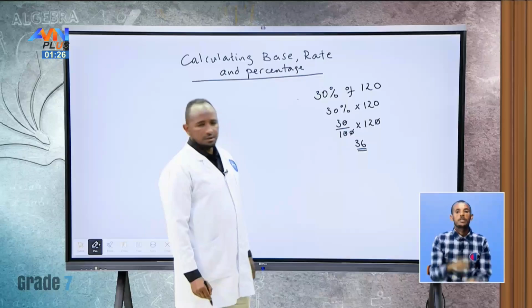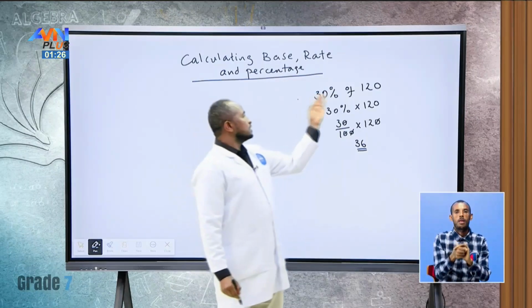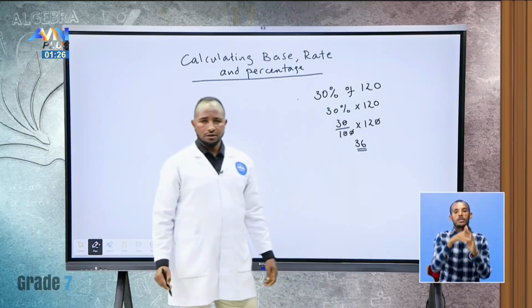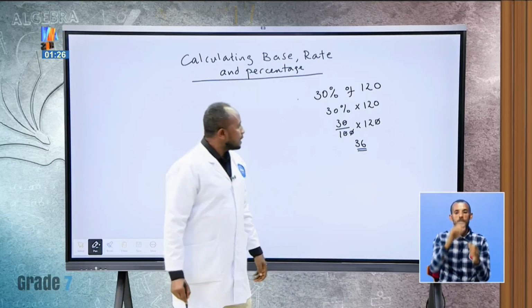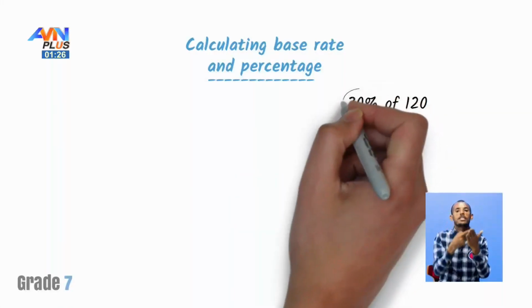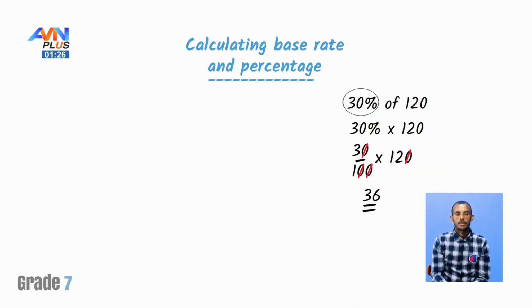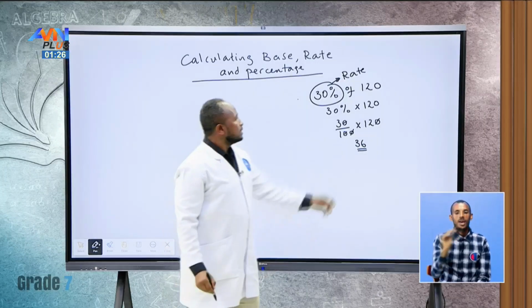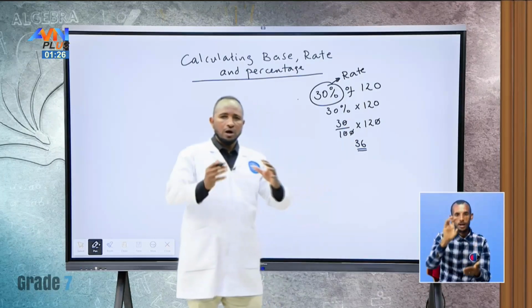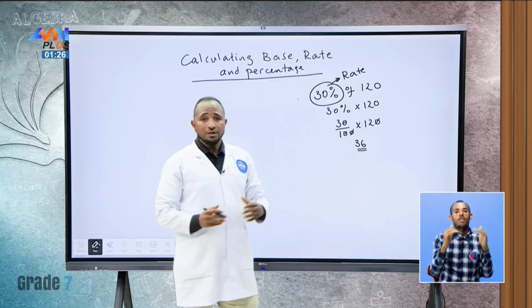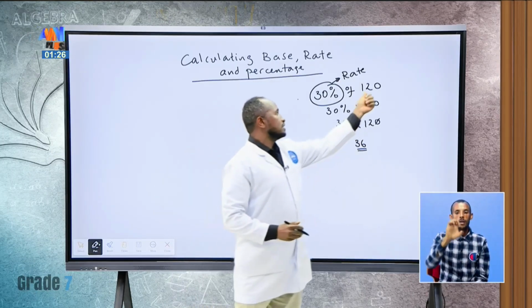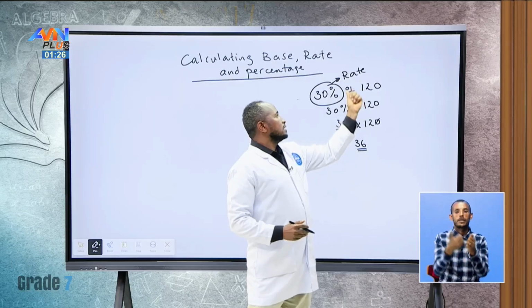So from this example, what do this 30, 120 and 36 represent? In this example, this percent represents the rate, and this 120 is a total quantity, so we call it the base. Normally a base is preceded by "of".